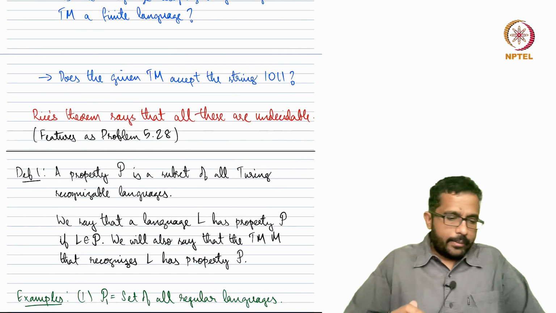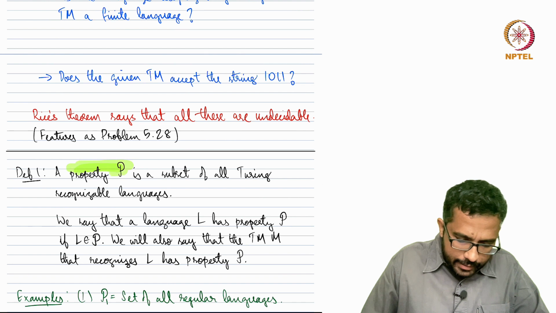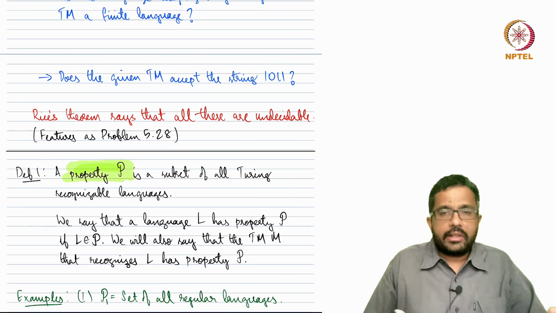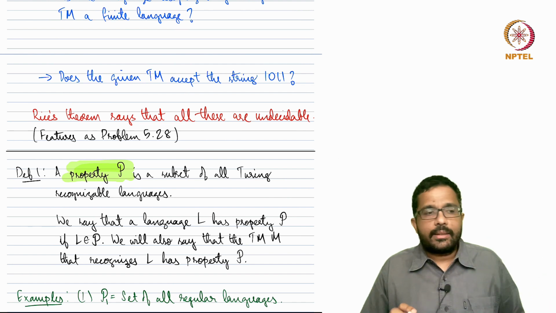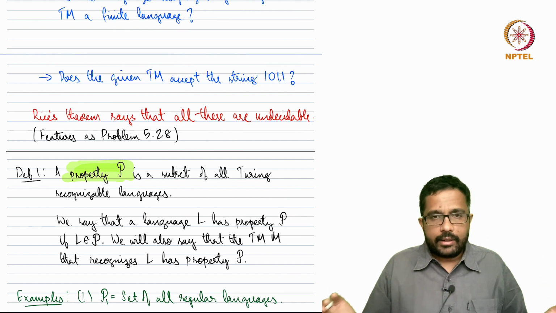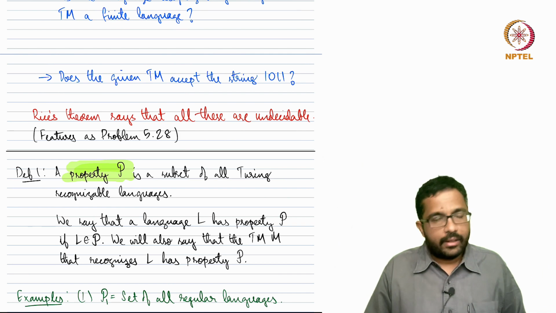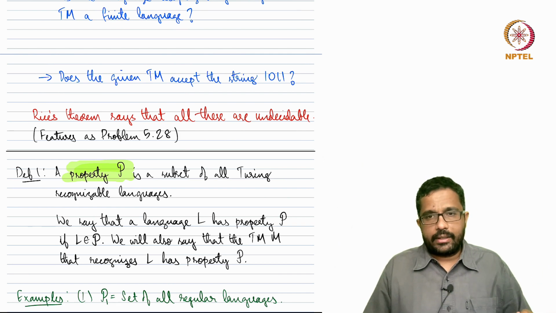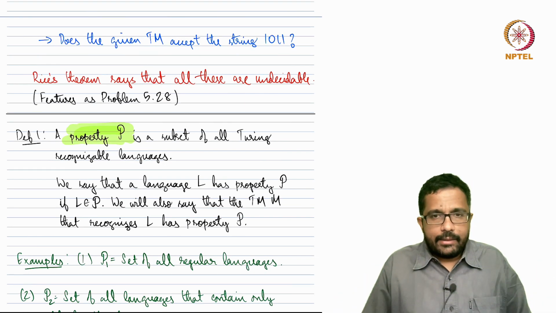So what do I mean by a property? A property is nothing but a subset of Turing recognizable languages. For instance, being regular is a property, since only some languages are regular. Being finite is a property too: a language is finite if it has finitely many elements.